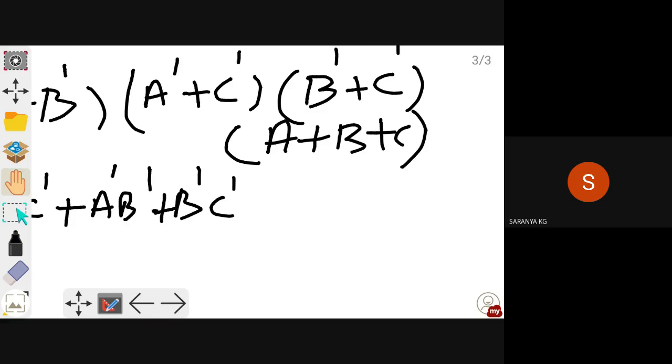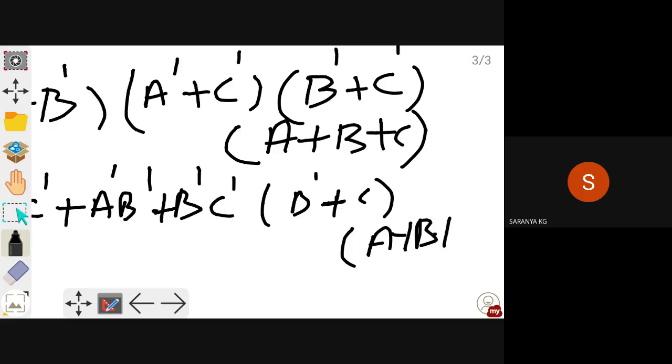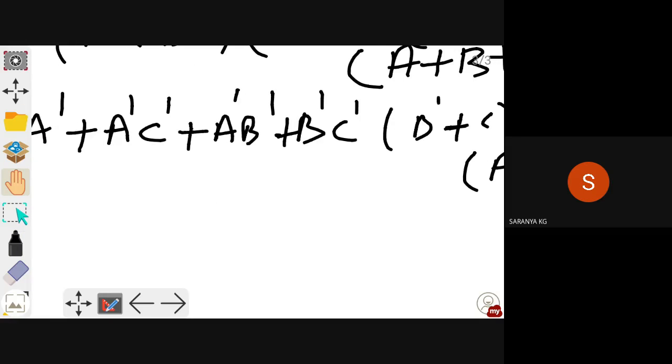And you have B dash plus C dash into A plus B plus C. So you again multiply this.